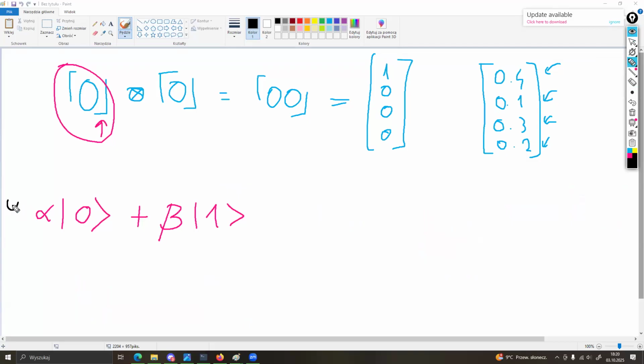So we knew two gates, or rather operations, from our classical representation. We know the identity, so there is an I, right?